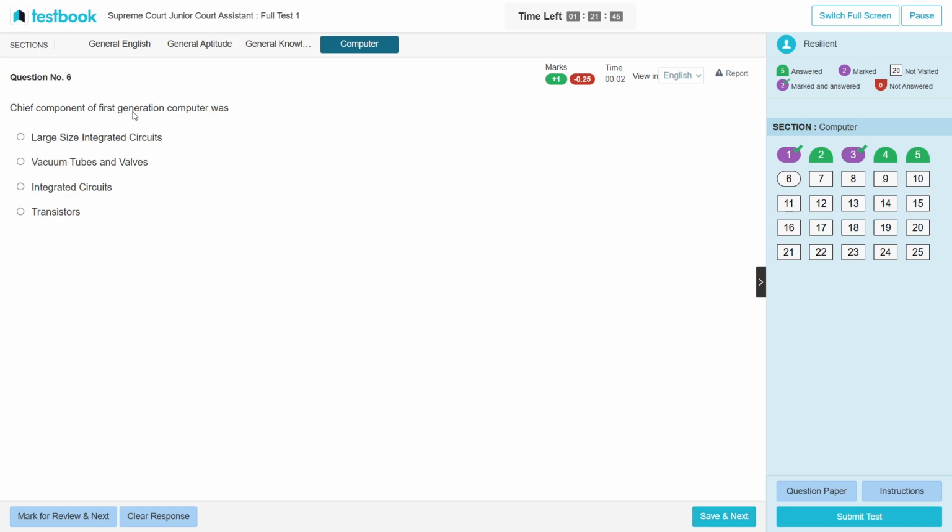Chief component of first generation computer was vacuum tube. Which of the following is similar to Microsoft Word? Google Documents. Which of the following options of the Home tab is used to set a column to a specific width?